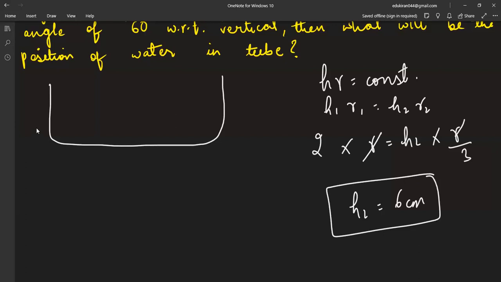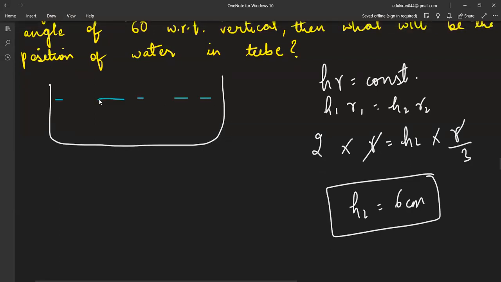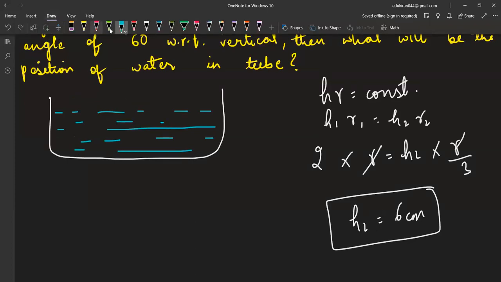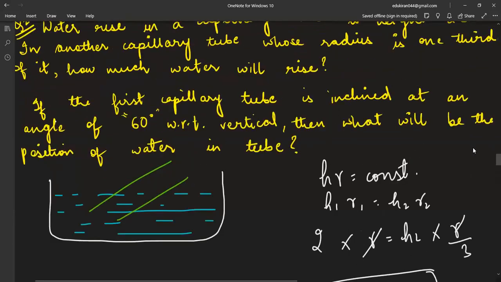Fine. Now see. This is the water tube. This has been inclined. Now see class, be very careful with what is given. If the first capillary tube is inclined at an angle of 60 degrees with respect to vertical, this is inclined with respect to vertical.